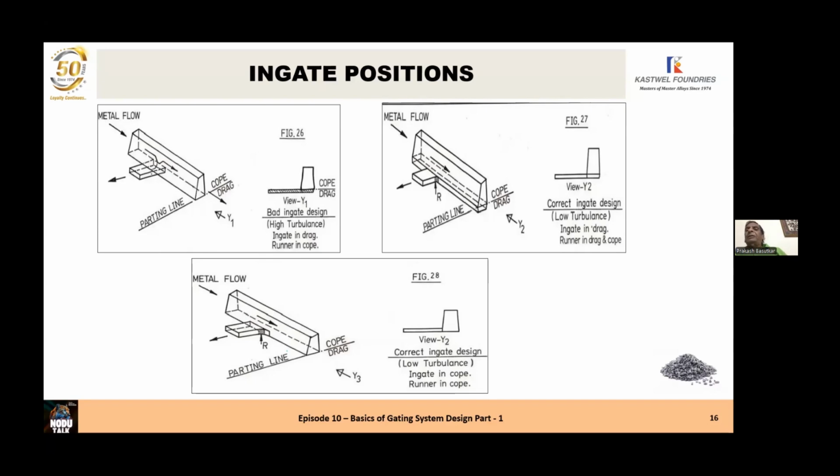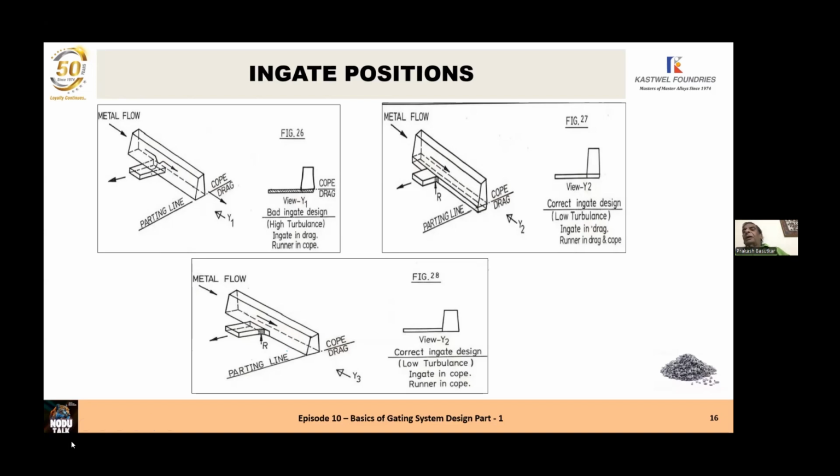And again, when it leaves the ingate, the metal direction changes. When it comes back to the runner, again there is turbulence. This turbulence causes disturbance, air entrapment, slag generation, sand inclusions, and these particles of sand or air entrapment or gas are likely to enter the mold, the casting cavity.